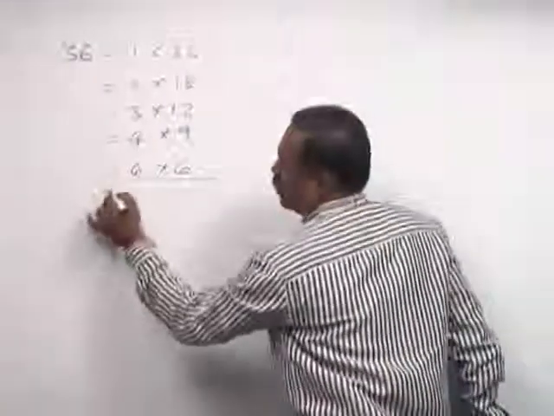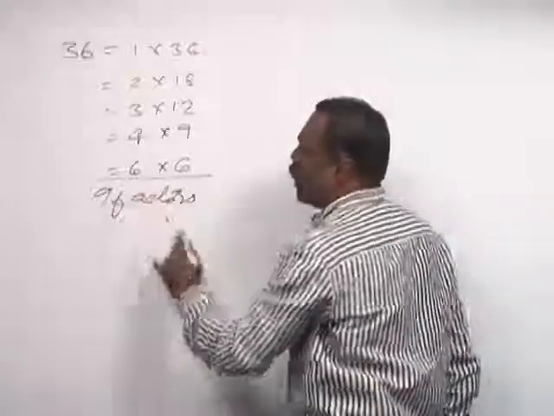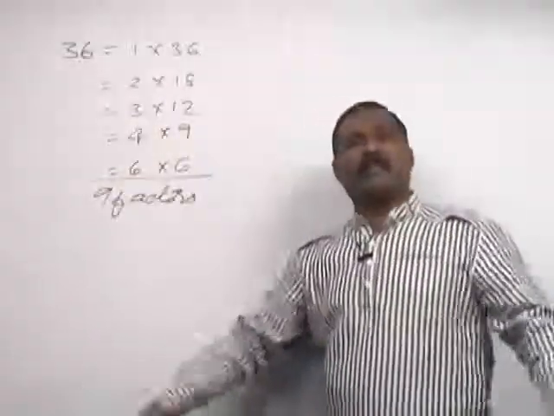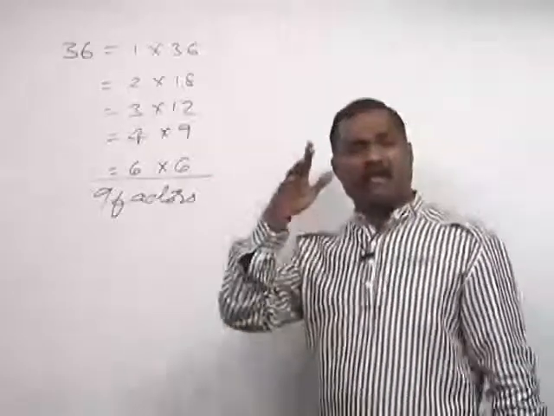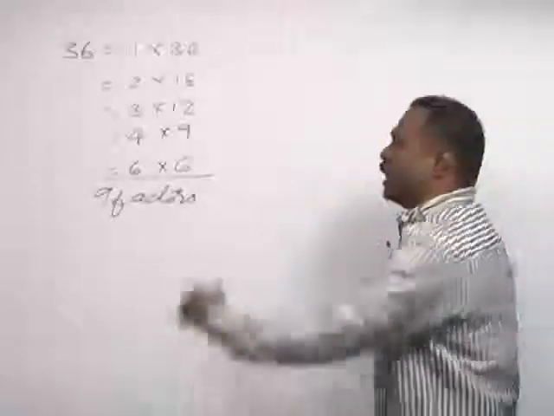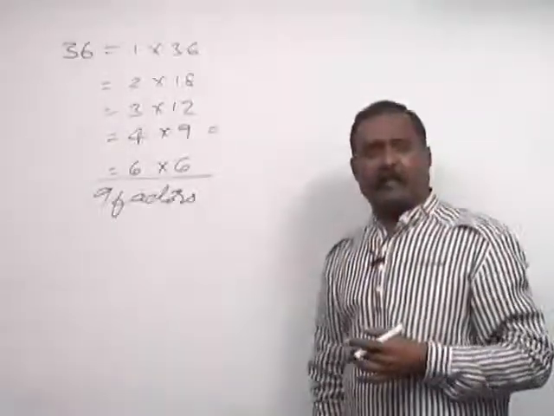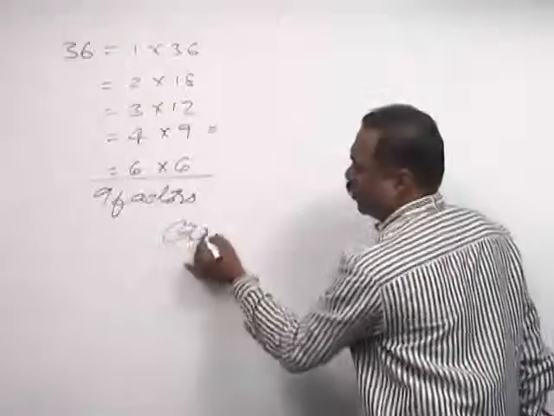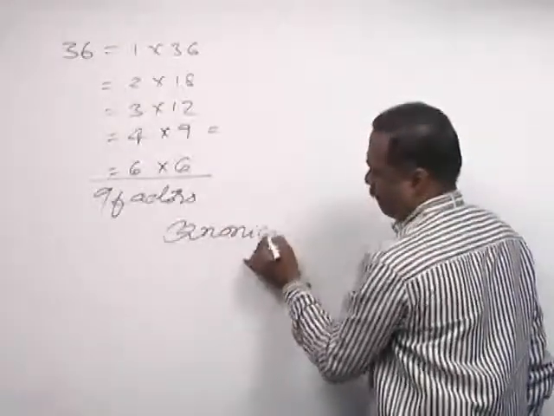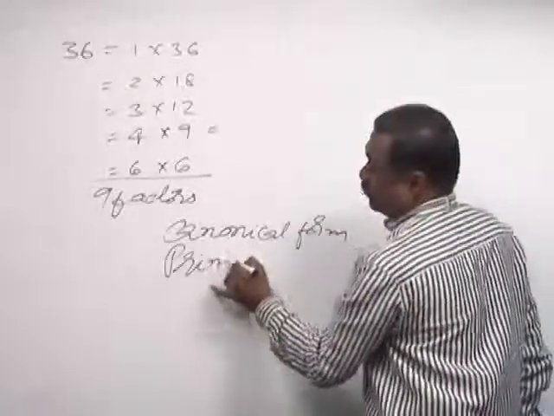Understand? Because it's a smaller number, you can write the factors like that, but I need the general formula to apply the combination. That is why I'm prime factorizing it. This is also called the canonical form or prime factorization.